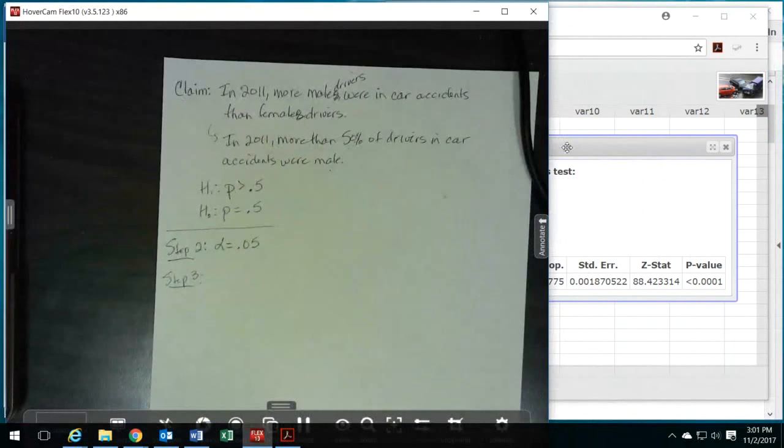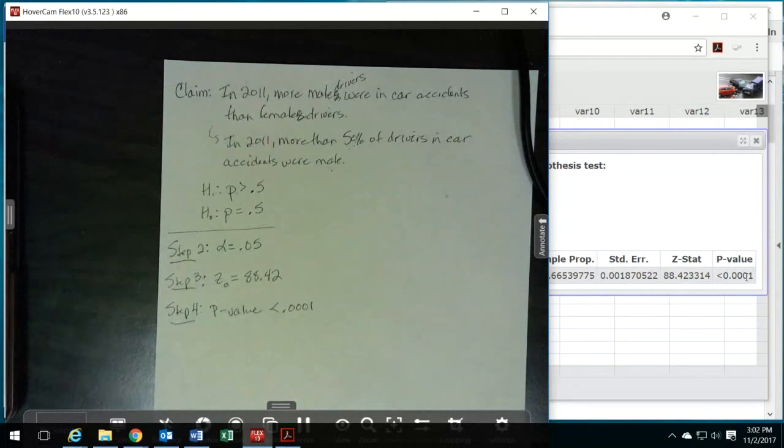Then for step 4, our p-value is, and all this tells us is that it's less than 0.0001, meaning it's very small.